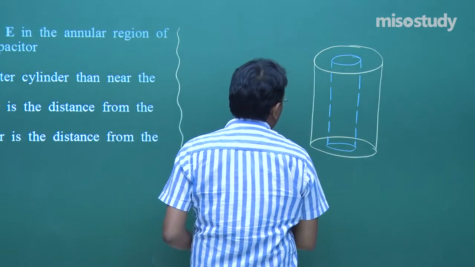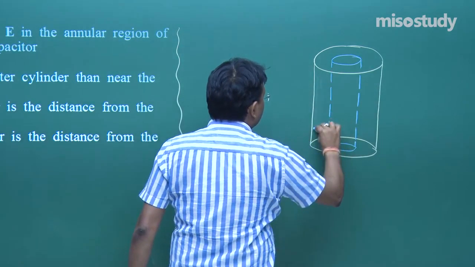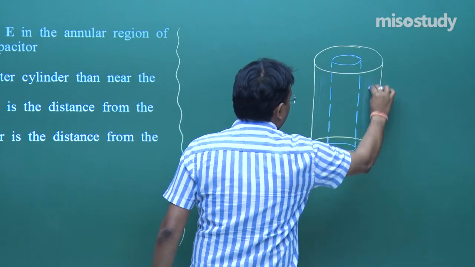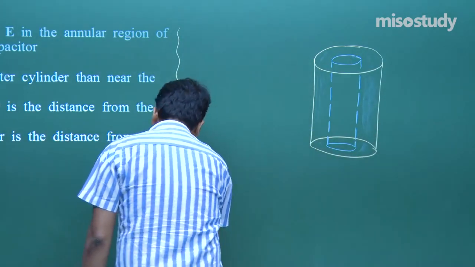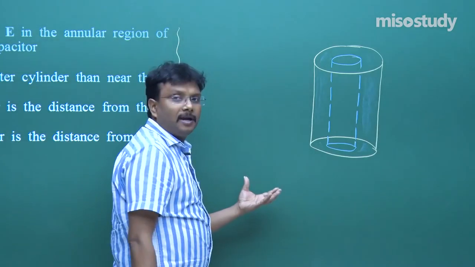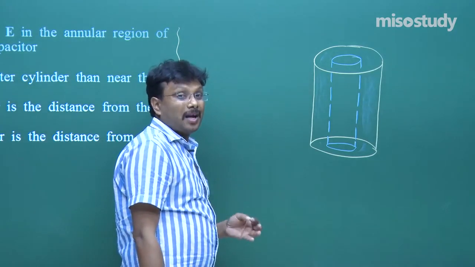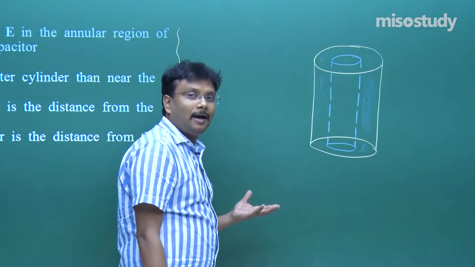Okay. So annular region means this entire region. Okay. I will not make this explanation very difficult. Directly I will use Gauss's law for finding the electric field.